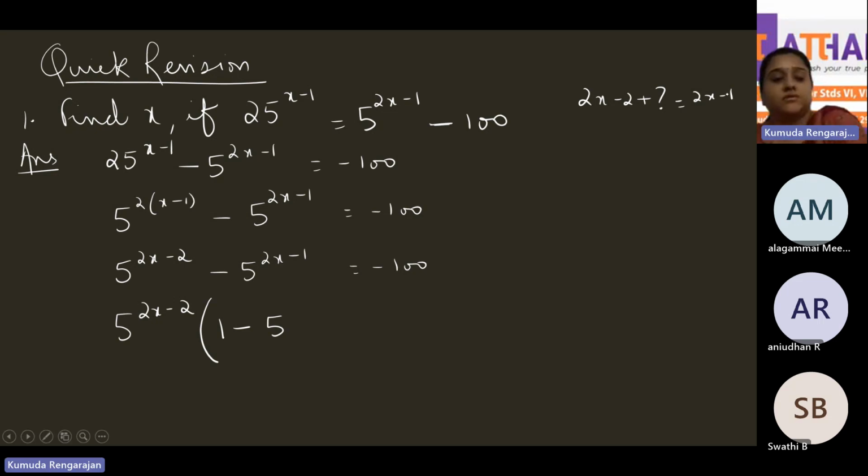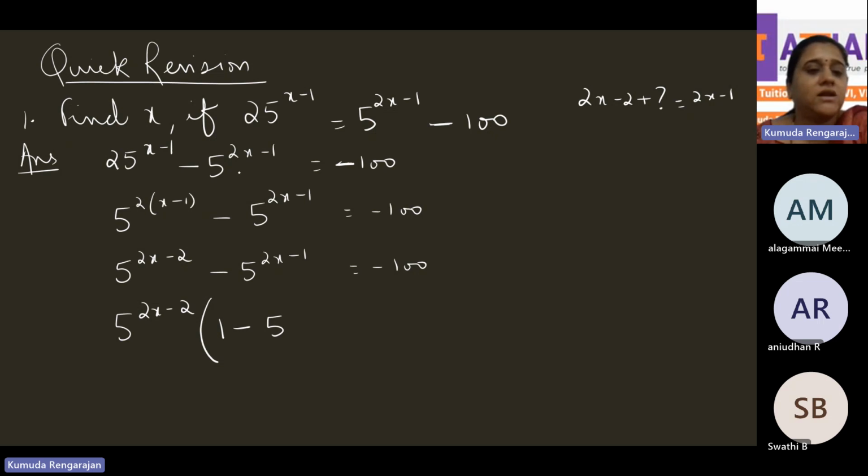Yeah. All right. So children, you will have to take 5 to the power 2x minus 1 to the left hand side. Can you see that? So it will become 25 to the power x minus 1 minus 5 to the power 2x minus 1 is equal to minus 100. Have that minus 100 in the right hand side, so transpose.